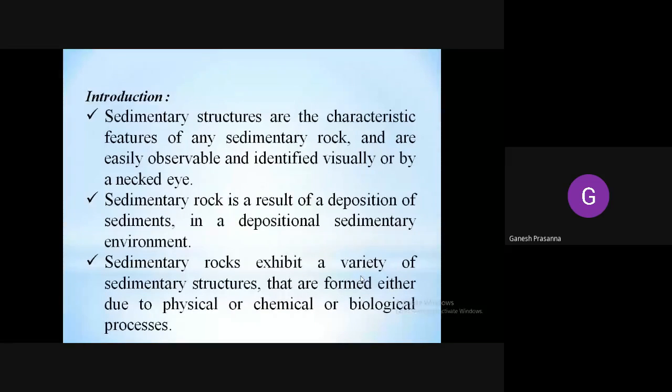A sedimentary rock is a rock which is a result of deposition of sediments in a depositional environment. Also, these rocks exhibit a variety of structures that are formed either due to physical forces or chemical action, or also biological processes.